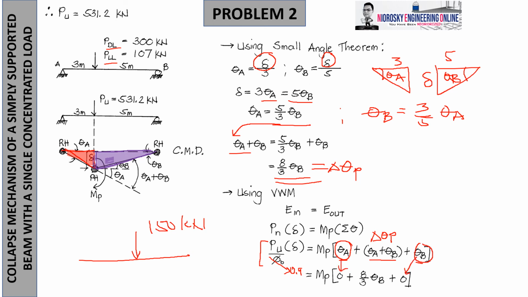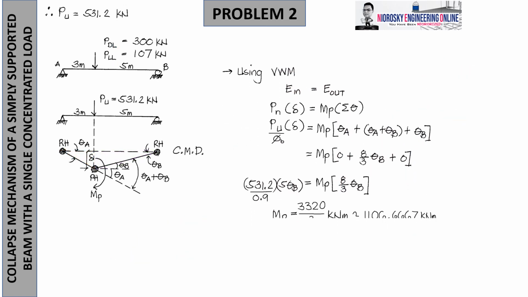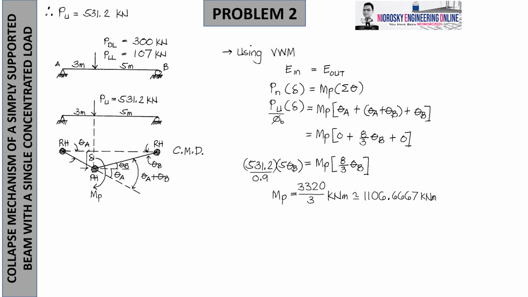And delta theta P is theta A plus theta B. We already have 8/3 of theta B. Then we will have the following equation. So finally, you will get 3,320 over 3 kilonewton meter, or roughly estimated 1,106.6667 kilonewton meter.